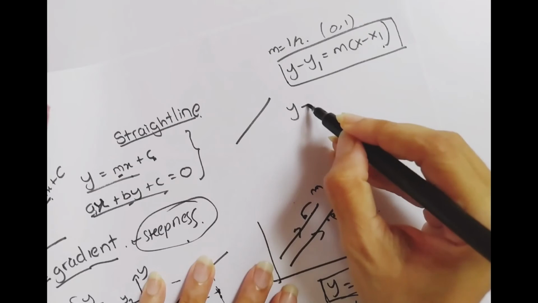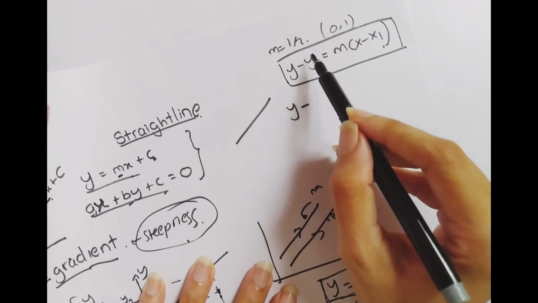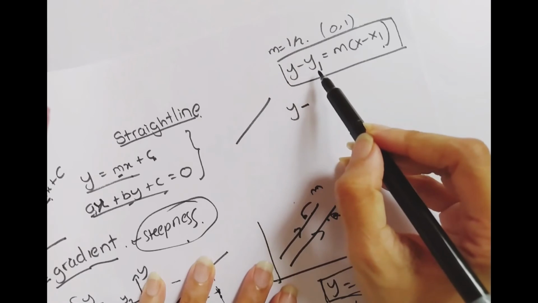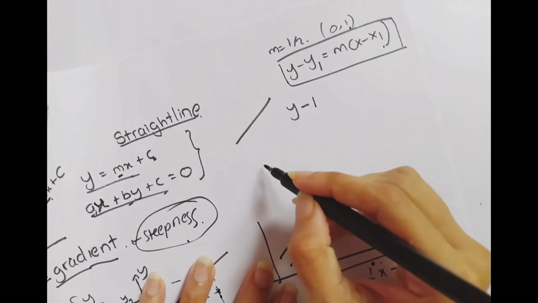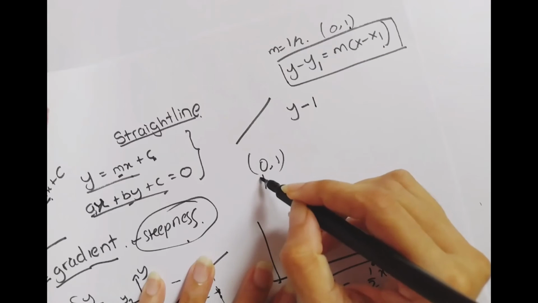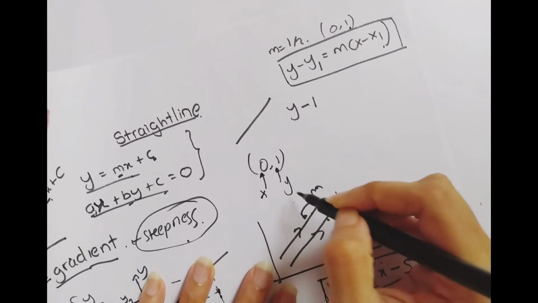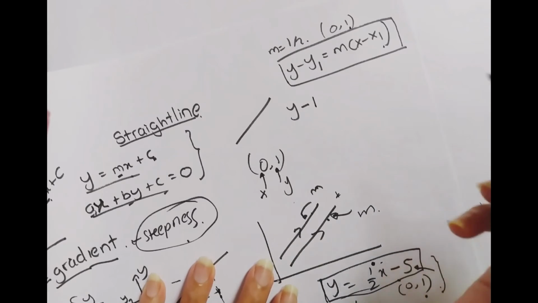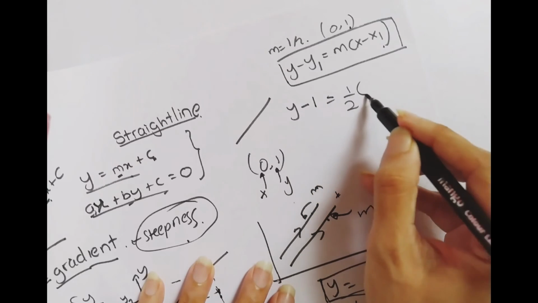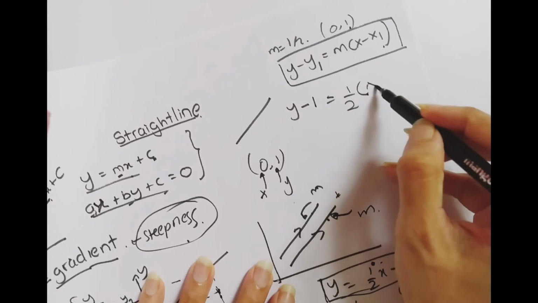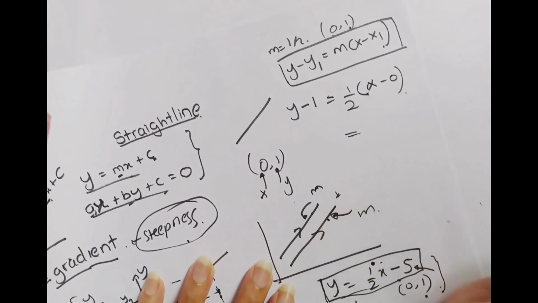Now y1 is the y coordinate, which is 1. Also remember, if it is (0, 1), we always write first the x coordinate and then the y coordinate. It is a convention. So this is y minus 1 equal half times x minus x1, and x1 is 0, so you can write 0 here.